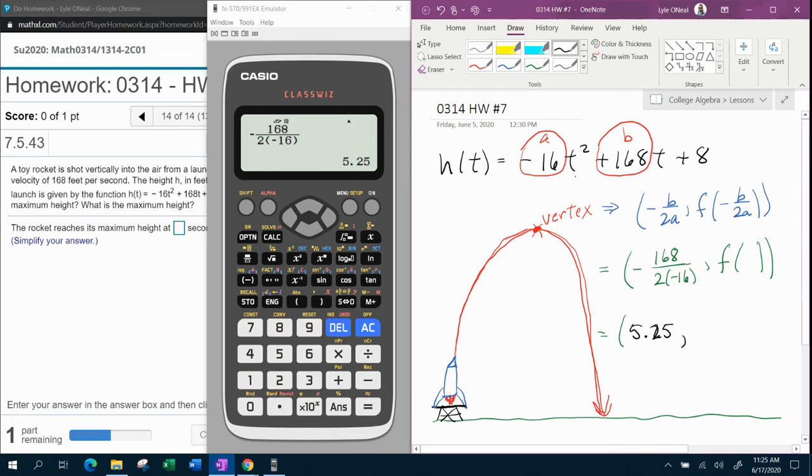And if you notice, instead of x, we have t, right? Normally a function is f of x or h of x, but our x is t, so this value that we just calculated is t, which is time measured in seconds. So this is how long it's going to take the rocket to reach its maximum height in seconds.